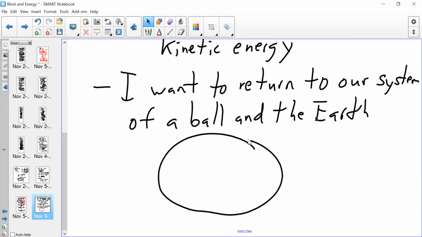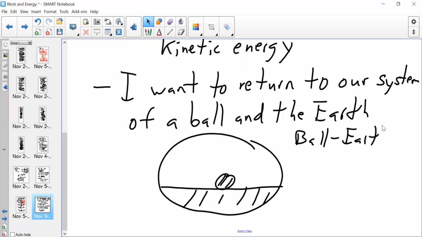Let's say that we have this system of the ground and we have the ball on the ground. And this circle represents closing the system off from the rest of the environment, from air resistance, from any outside forces. So the system is just those two guys here, the ball-Earth system.